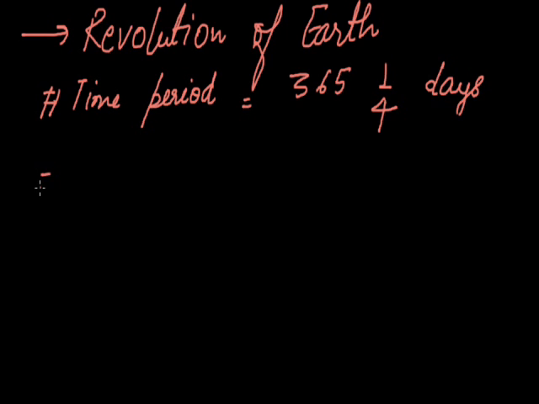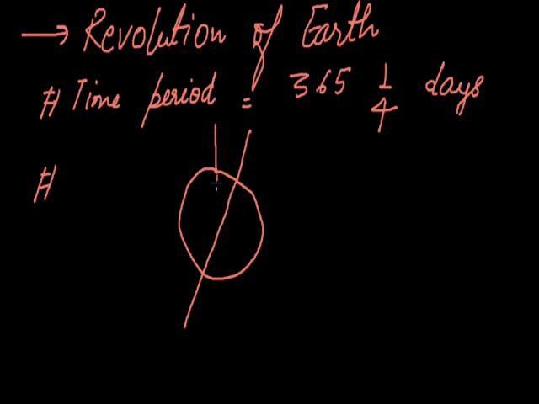As we know that the Earth's rotational axis is tilted by an angle of 23.5 degrees with respect to the vertical axis. So it is the rotational axis of Earth.